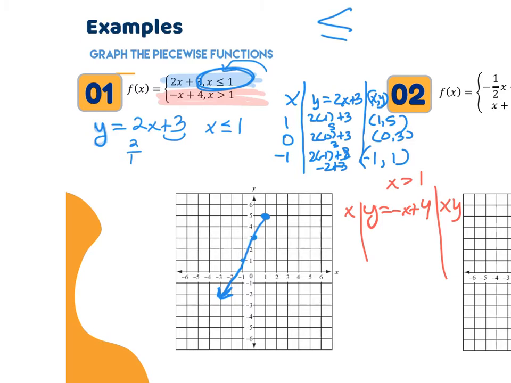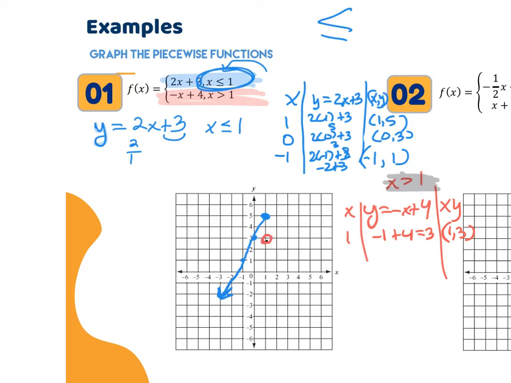Now, I always, though, need to plug in the number that was in the inequality. So I'm going to plug in 1, and I get 3. The ordered pair, when I graph 1, 3, I need to put it on the graph, but because it's got this symbol, it's an open circle. So an open circle on 1, 3.